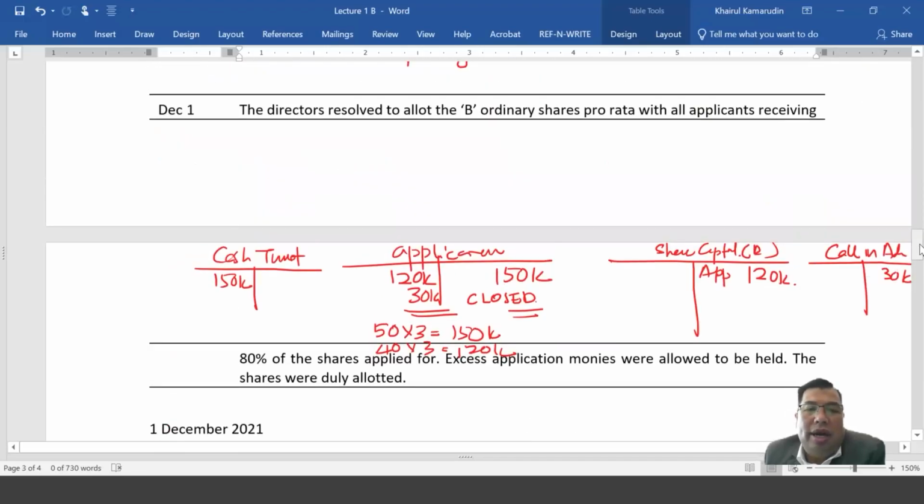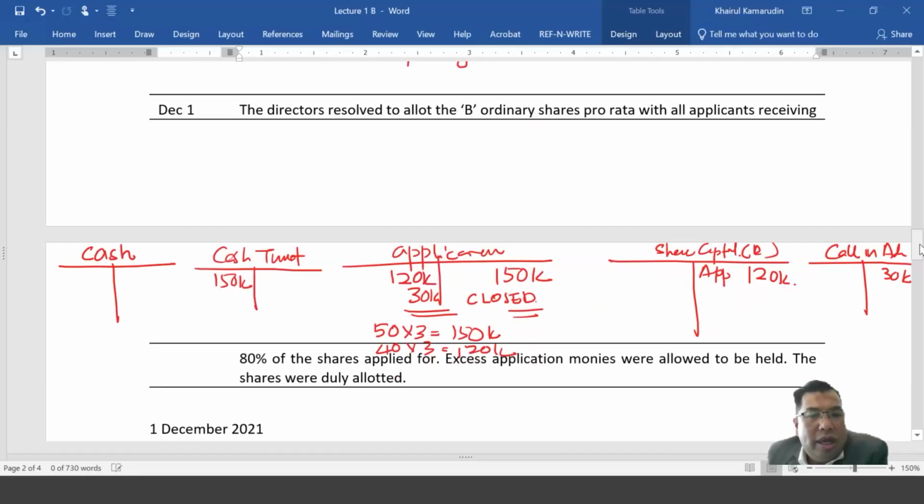What happened to the cash? The cash trust now, we're going to close the cash trust account and transfer it to the real cash account. So this is my cash account. I'm going to transfer this 150 now. So I'm going to close my account here, credit 150.